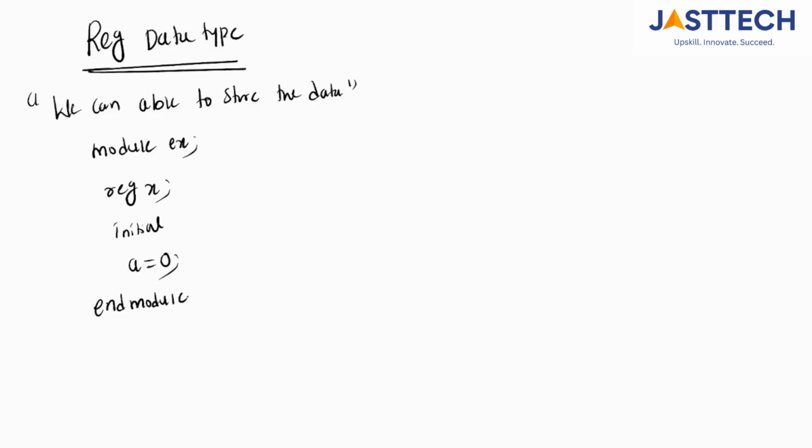I declared this reg, so the a value will be stored, that is, storing the value 0 in variable a. When you are using reg, we need to use it in procedural blocks, either in an initial block or in an always block.